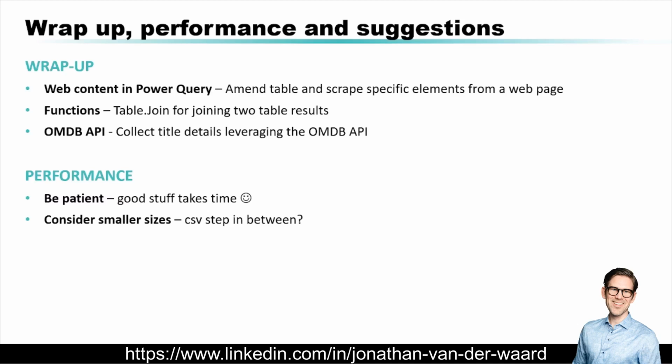The way to circumvent this obviously is to work with a CSV step in between, where you just take the title IDs that you want to use. You could consider to split them out in smaller chunks, and then again be a bit patient and collect them step by step, maybe over a few days if you have lots of titles that you want to collect information for.